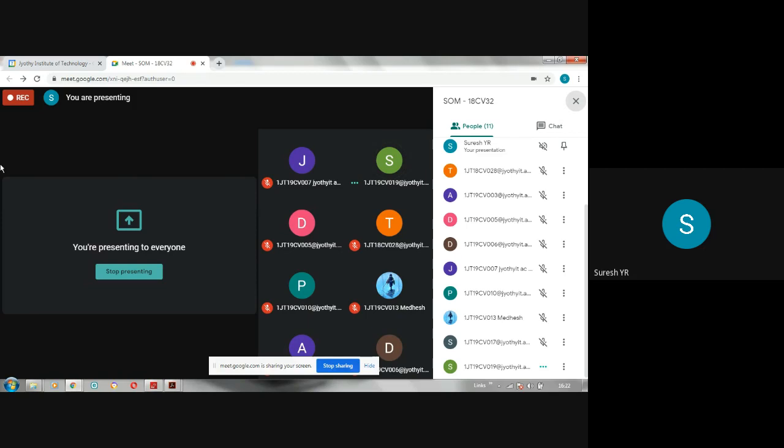Minus 37 into x, that is 2.5. Simplify it, and divide by 8000.